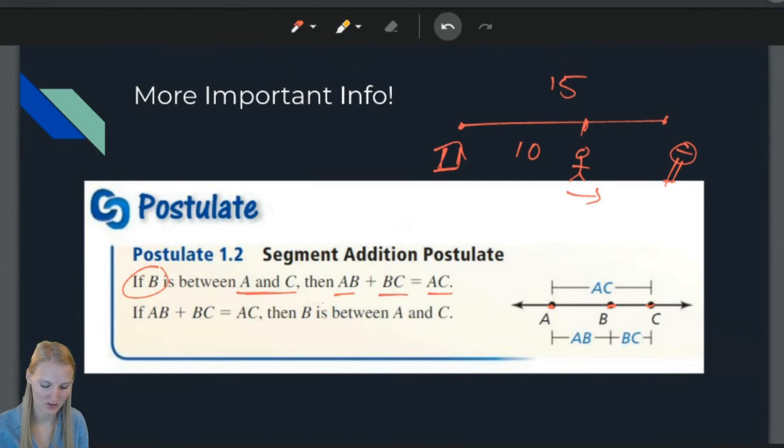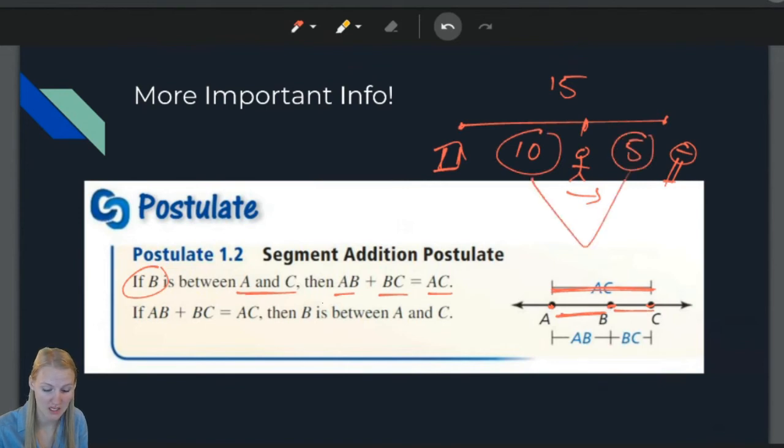So what that means is this chunk, AB and BC together, make up the entire chunk. If you've walked 10 miles and you need to walk another 5 miles, these two added together need to equal 15.